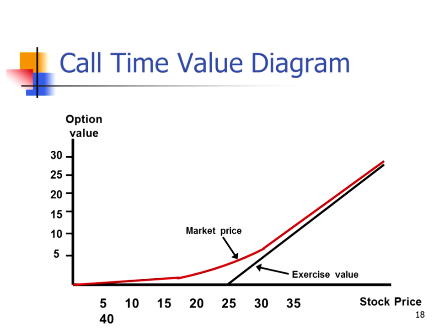So there you go. You've got the call time value diagram. You've got the option value on this axis, and then the stock price. And you can see that the market price of the option is greater than the exercise value.